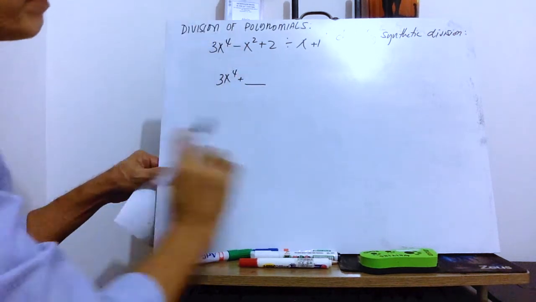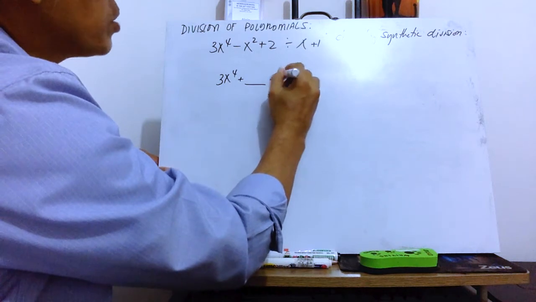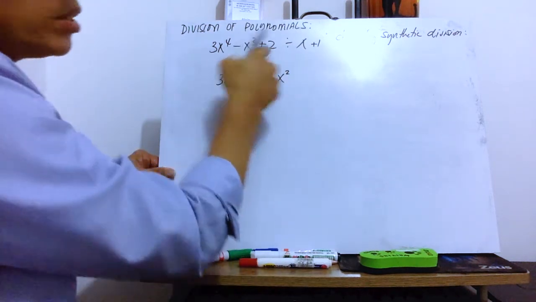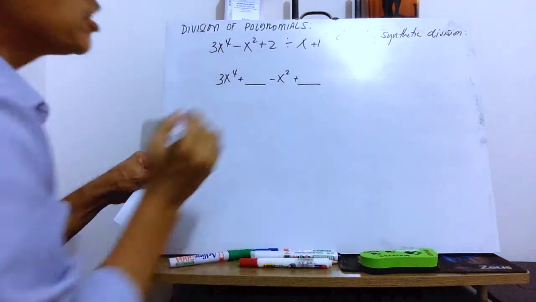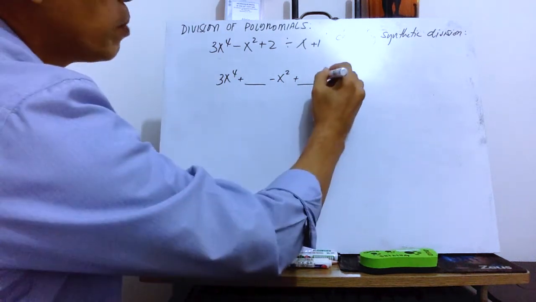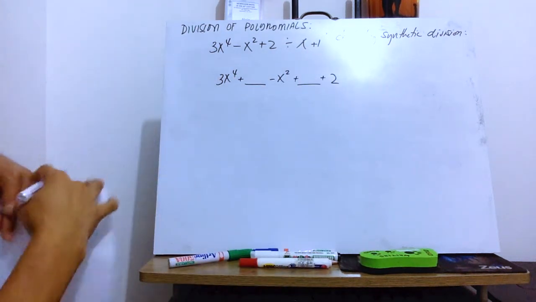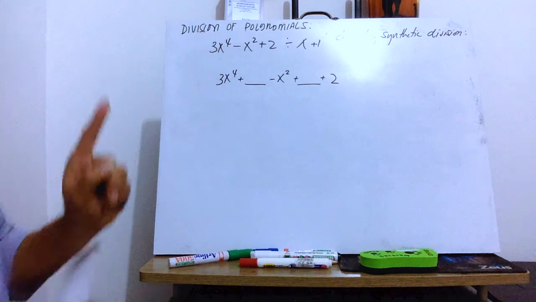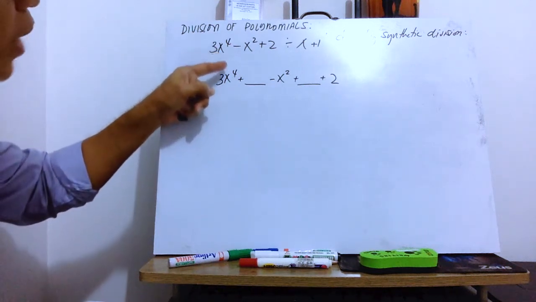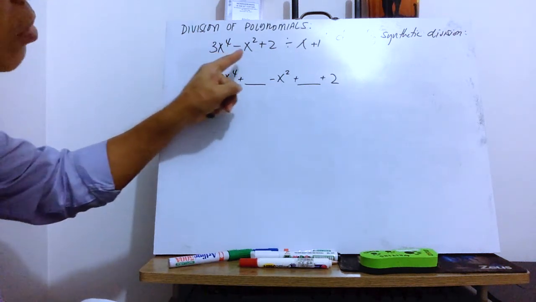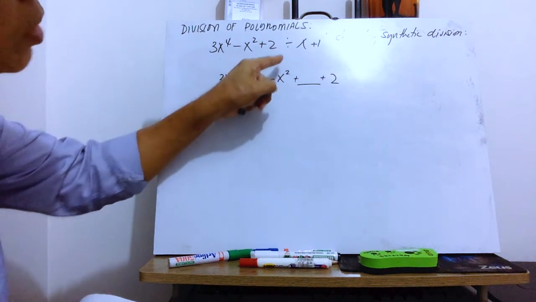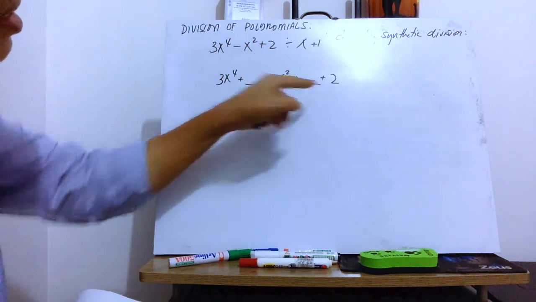Don't put anything there. Then minus x squared. We have no x term, just place a space there. And then plus 2. Notice, all the terms should be arranged according to degree. You start first with the highest degree, 4, and then go down to 3, go down to 2, go down to 1, and finally the constant.